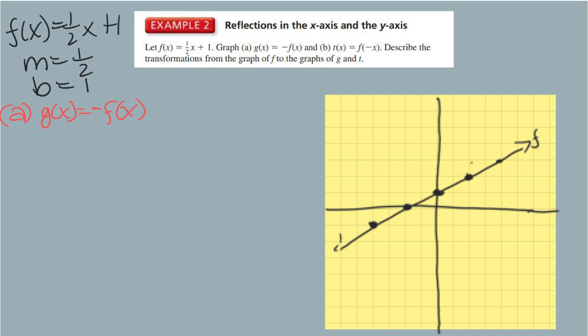We are multiplying the outputs. So in a way, we are looking for x with negative f of x. Okay, because we are multiplying our outputs.